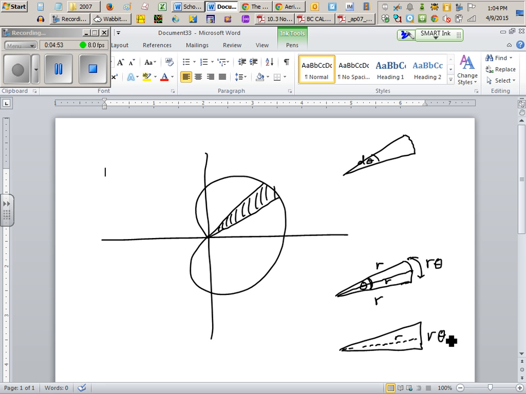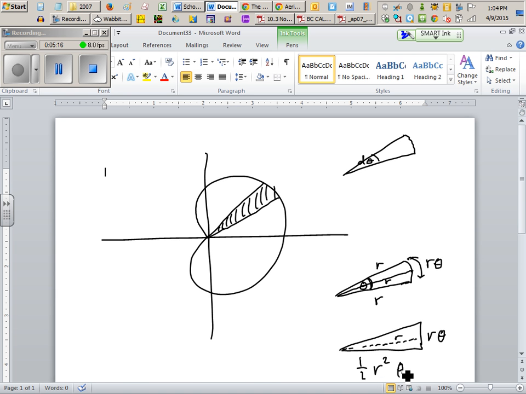So what would be the area of this triangle if we use 1/2 base times height? What would 1/2 times base times height give us? 1/2 r squared theta, right?